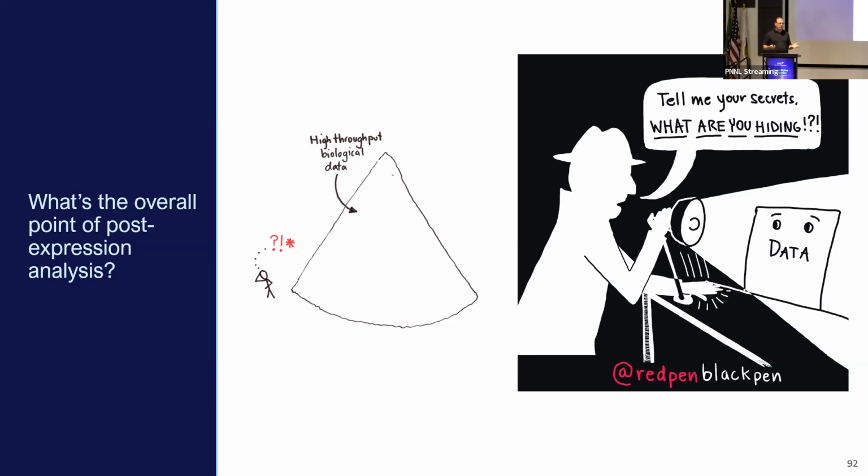And you want to know something about the large scale, like what's going on, what kinds of pathways are active, because you want to know something about the phenotype and the mechanism of what's going on under the hood. That's why you're doing these experiments, to get a big picture idea of what's going on.